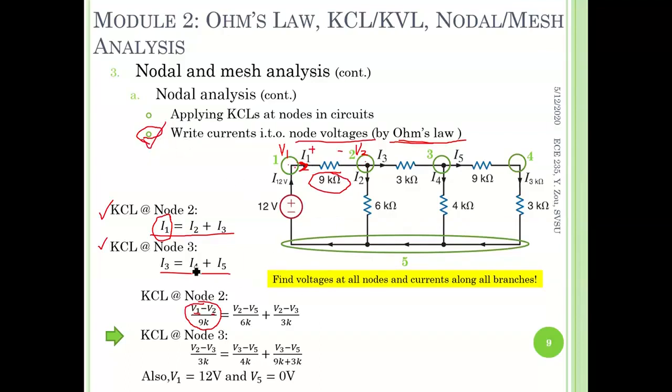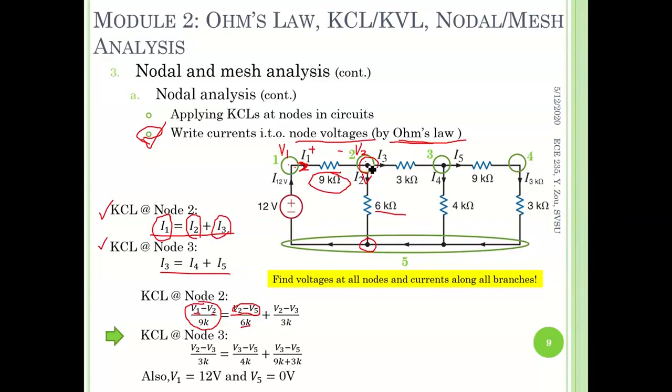Following the same idea, we take care of I2 here, trying to rewrite I2 in terms of node voltages as well. I2 is flowing between node 2 and node 5, and from node 2 towards node 5, as labeled here. Therefore, the numerator is V2 minus V5, divided by the resistance value 6 kilo ohm. I3 is the next one.